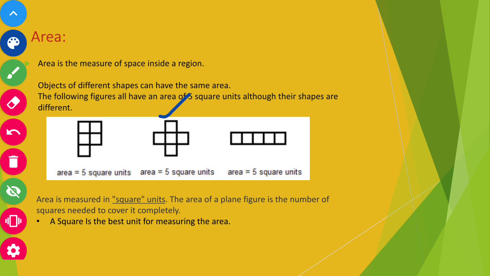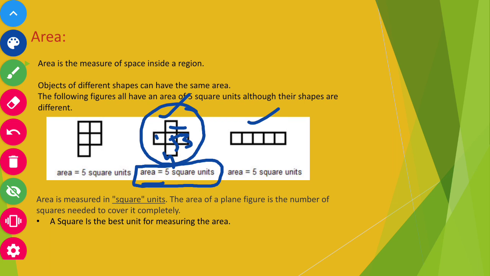5 square units. Even you can see in this next figure also. See how many squares are there? 1, 2, 3, 4, 5. To measure the area of this shape, we need how many squares? 5 squares. So for this also the area is 5 square units.